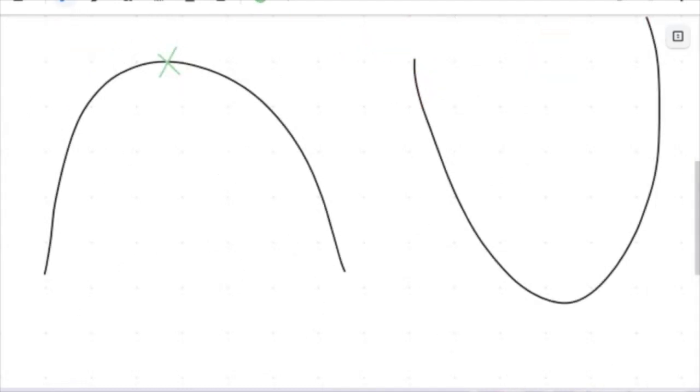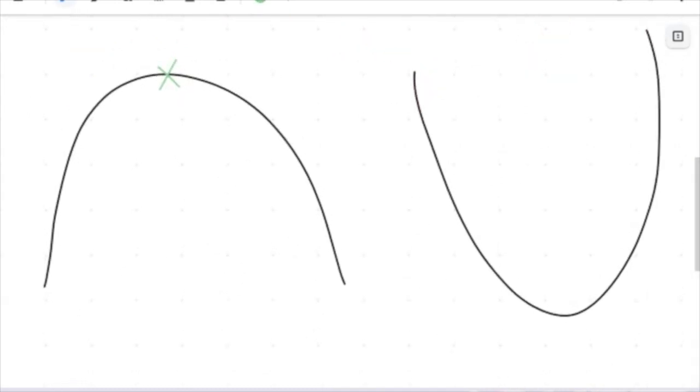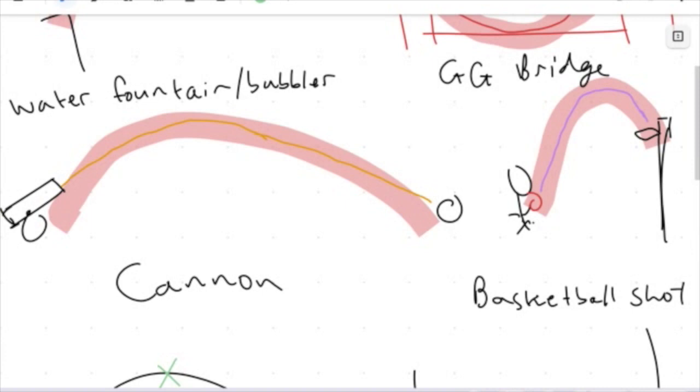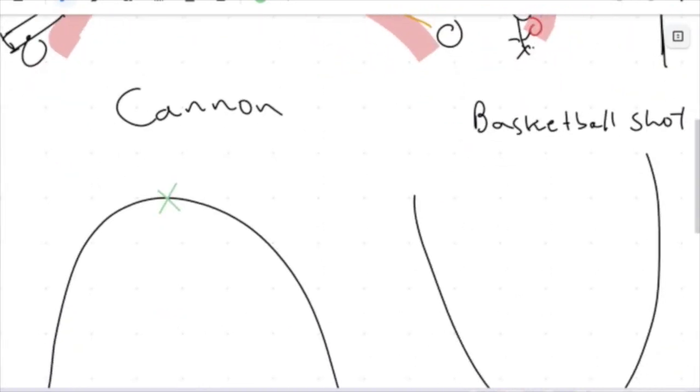So in the one on the left, we have a maximum point, a maximum height. When you shoot a basketball, for example, it's going to hit this maximum point up here before it drops back down. Now, we call this a maximum turning point.